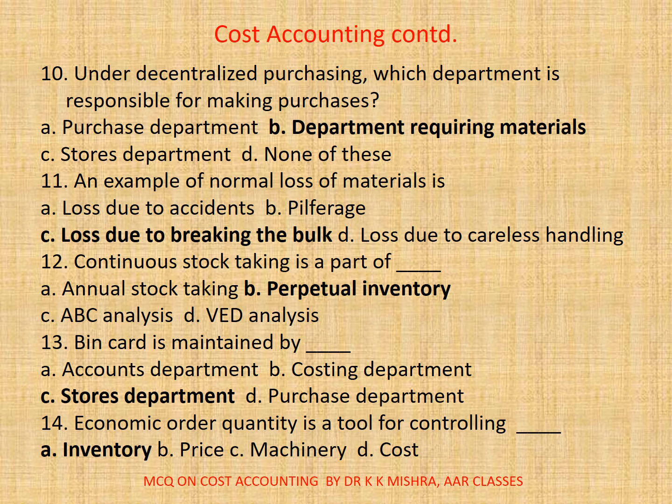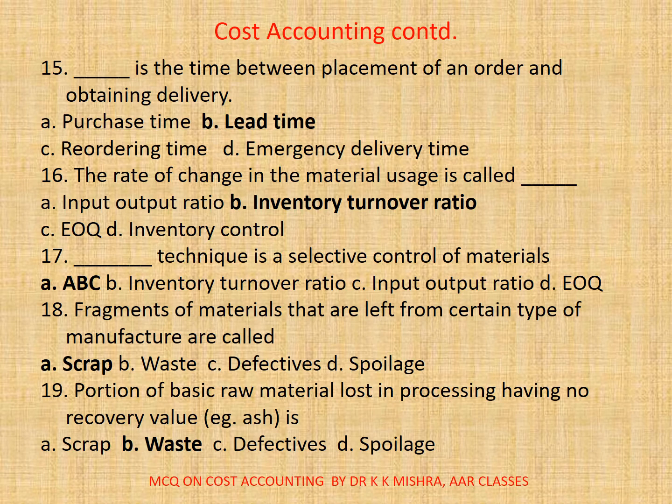Correct option is C. Stores department. 14. Economic order quantity is a tool for controlling. Correct option is A. Inventory. 15. Dash is the time between placement of an order and obtaining delivery. So here correct option is B. Lead time.